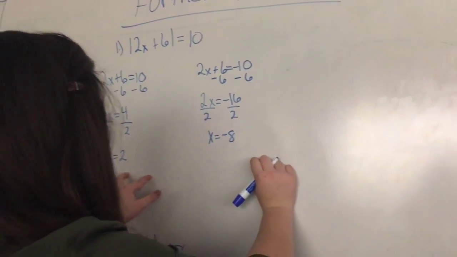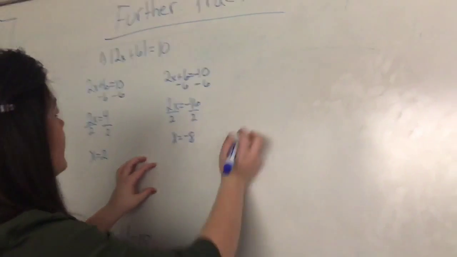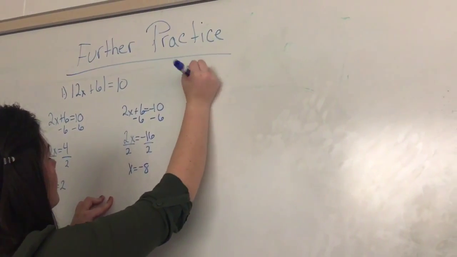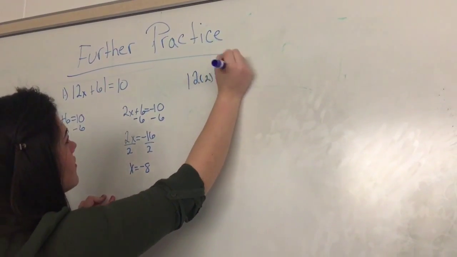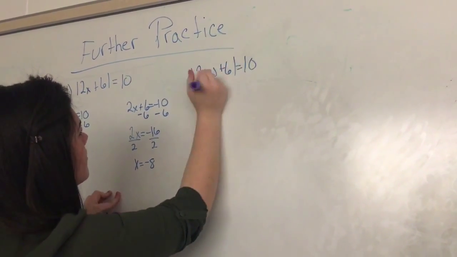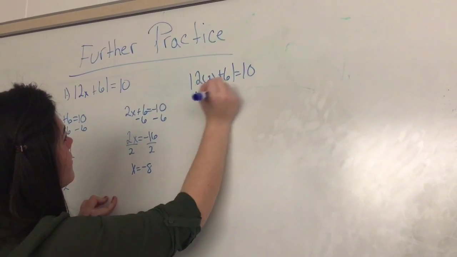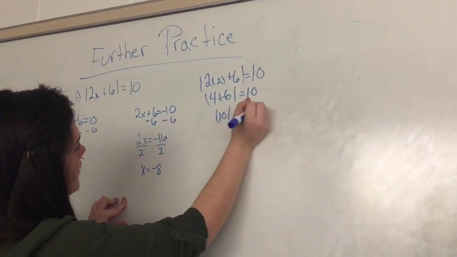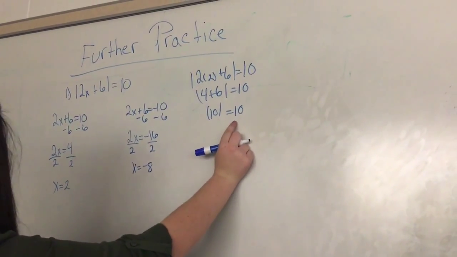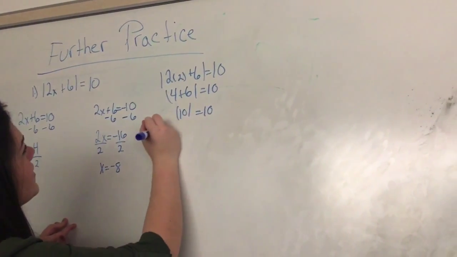Now you'll plug both of the x values back into the equation to see if it's true. The absolute value of 10 is equal to 10, so the first x value is true.